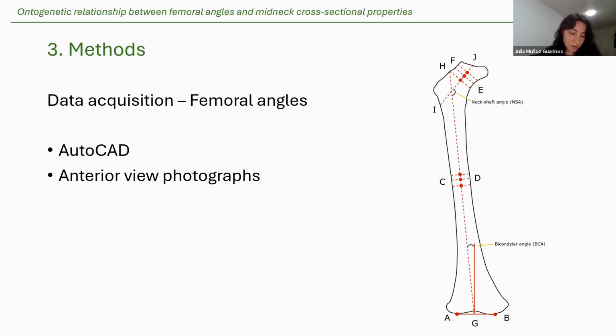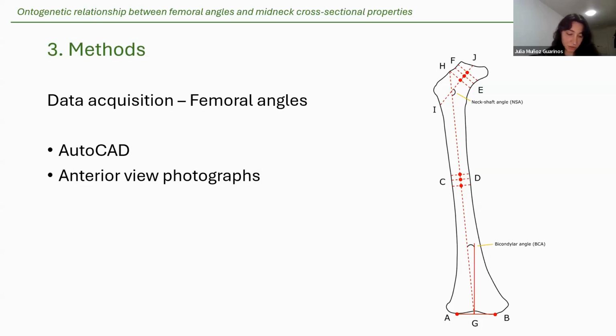The angle is then measured at the intersection of the diaphyseal and neck axis. Both measurements employ AutoCAD tools for angle calculation and are taken from the anterior view to minimize the effect of femoral antetorsion variation.